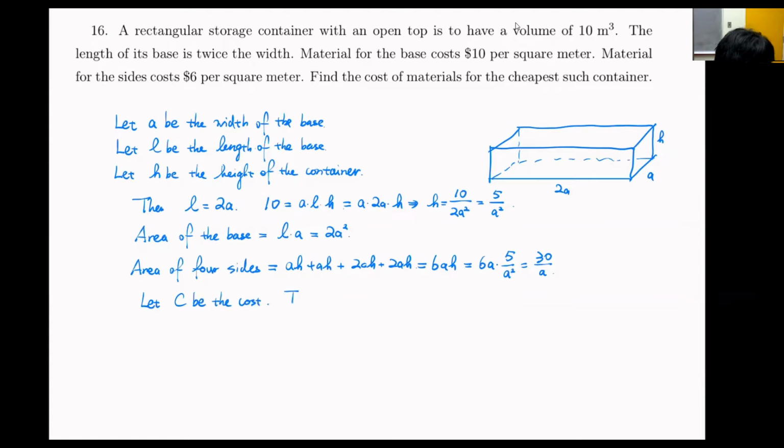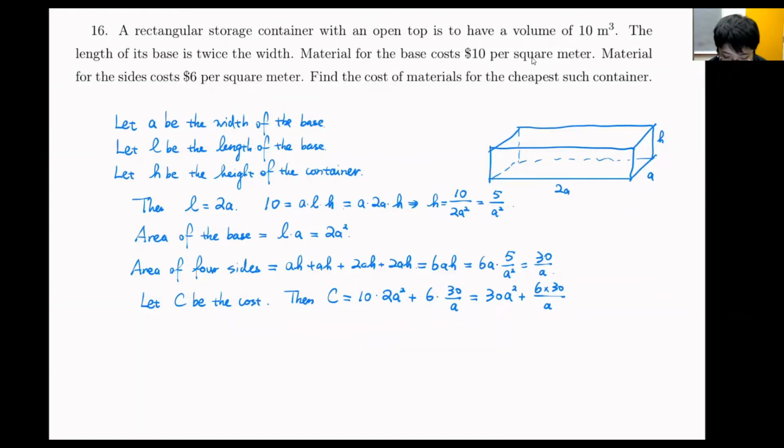Then C is a function of a, and C is equal to 10 times the area of the base, namely 2a squared, plus 6 times the area of the sides. Simplifying, I get 30a squared plus, I will just keep 6 times 30 over 6 times 30 divided by a. This is the function we wish to optimize.